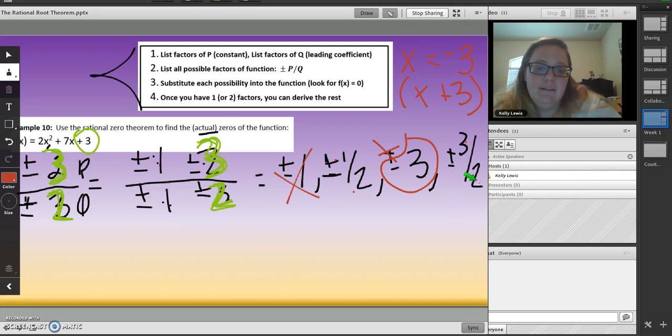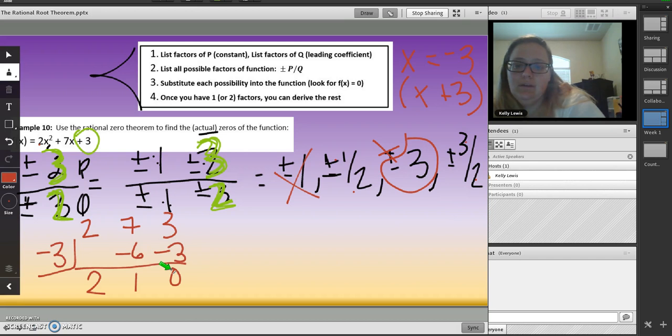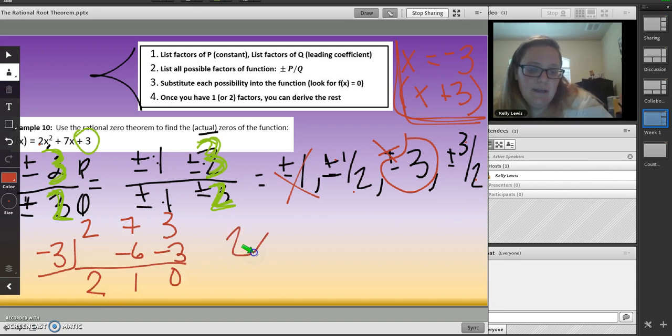So I get x equals negative 3, and then my coefficients are 2, 7, and 3. Bring it down, multiply, add, multiply, add. And so now what I have is, this is 1, 0, and 1 factor. And so instead of having x squared, this right here is going to be 2x plus 1.